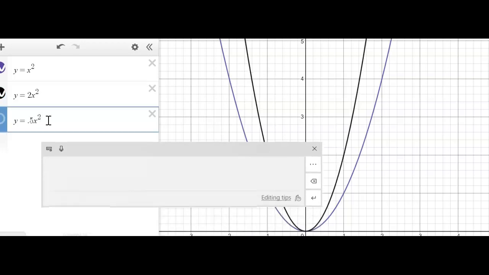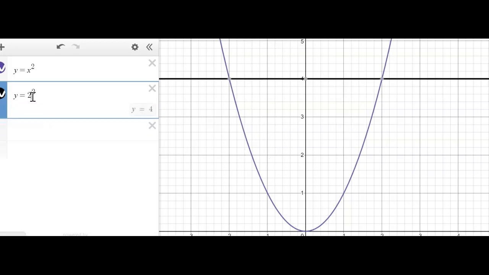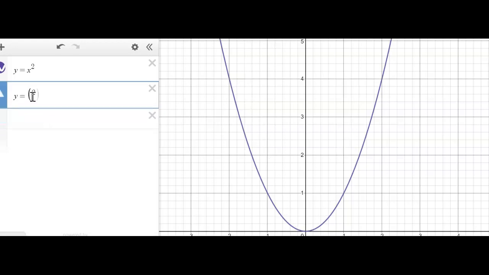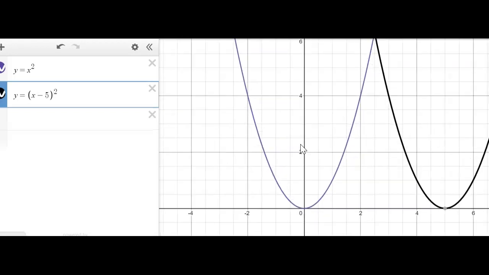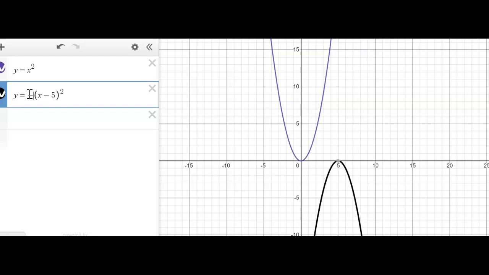So I'll just show you here. I'll go back to x. Let's do what I said before: we're going across by 5. So you've gone across 5, and then if you did a reflection in the x-axis, that would be a negative there.